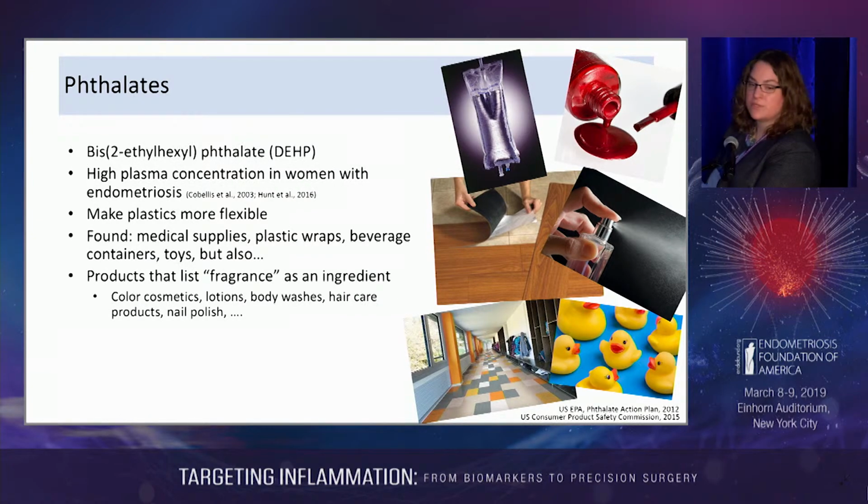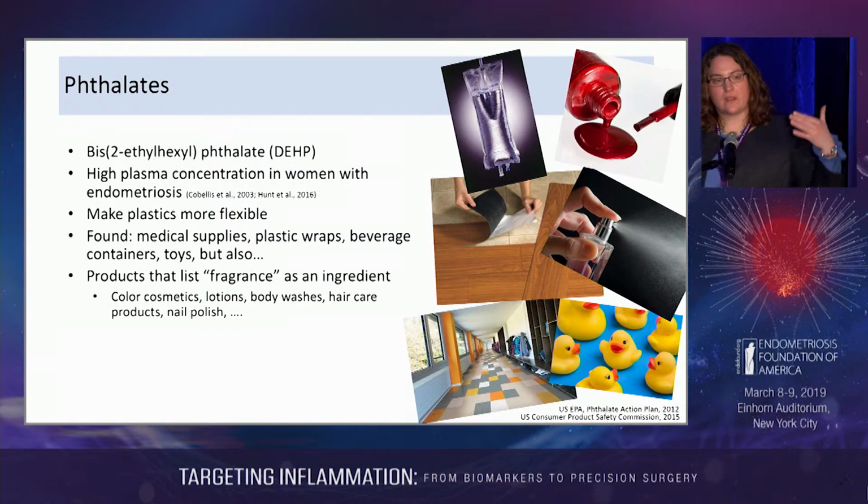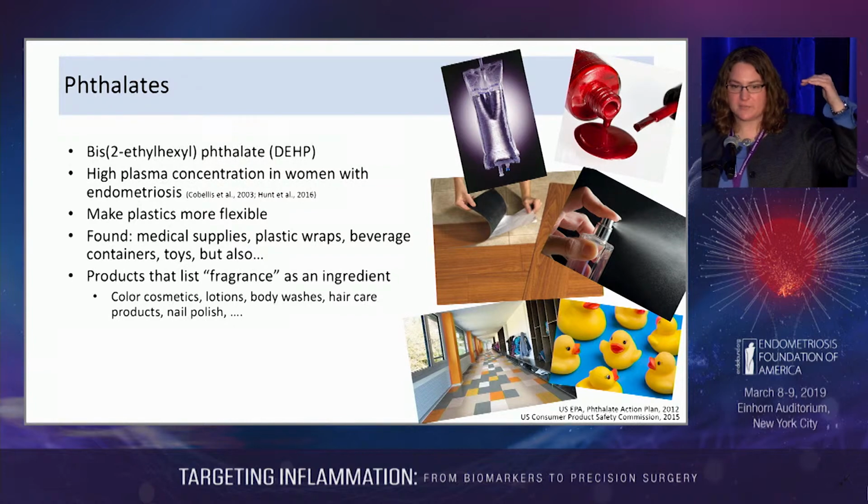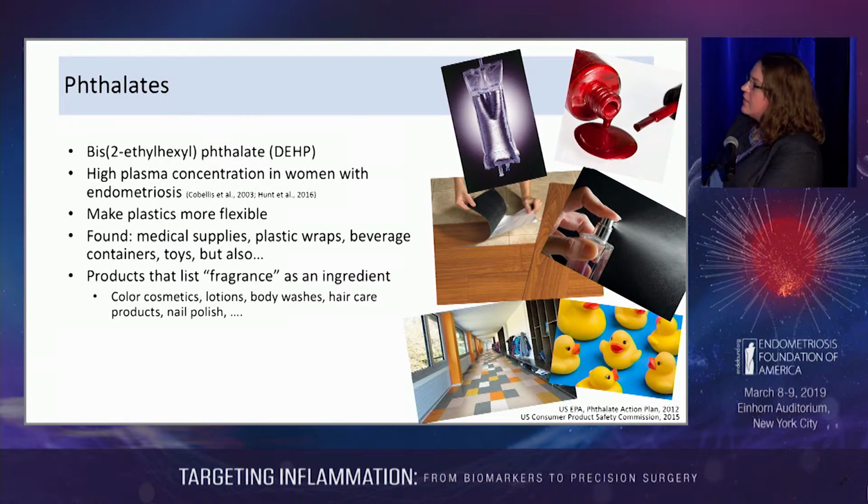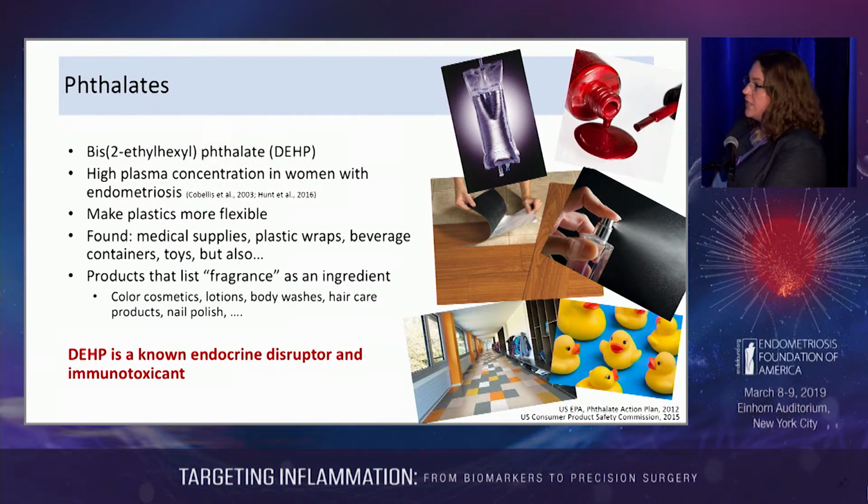Products that are mostly used by women. There's a very nice paper that shows that women, after they've taken their shower and done their grooming processes, have a really high spike in the level of DEHP in their serum. More importantly, DEHP has been known to be an endocrine disruptor and also an immunotoxicant.